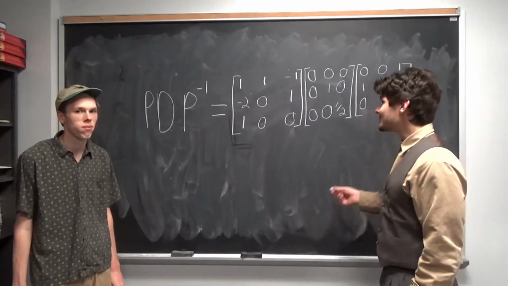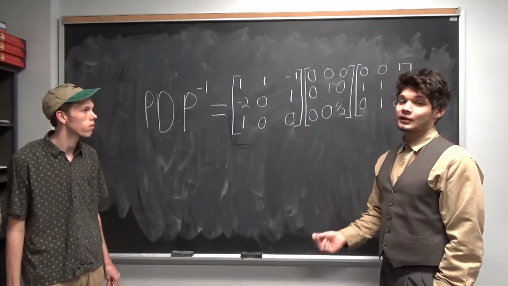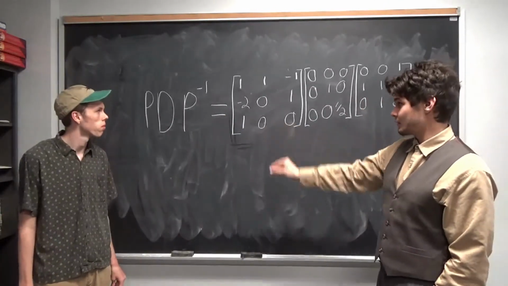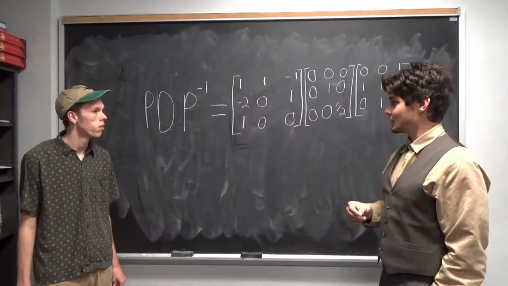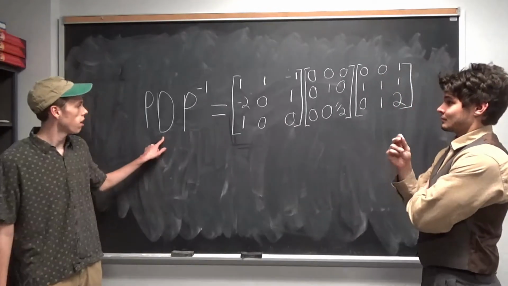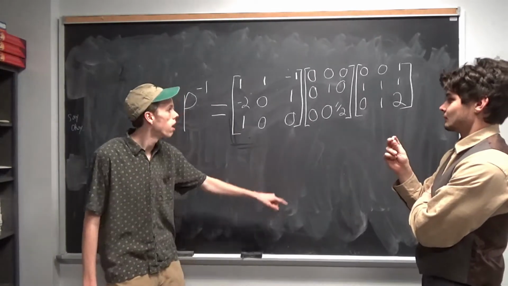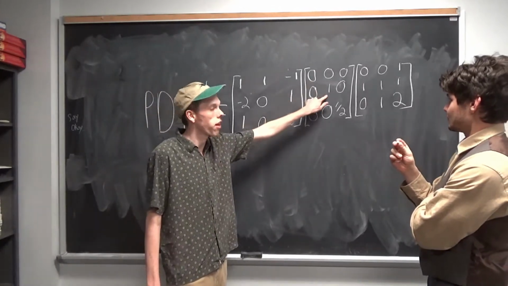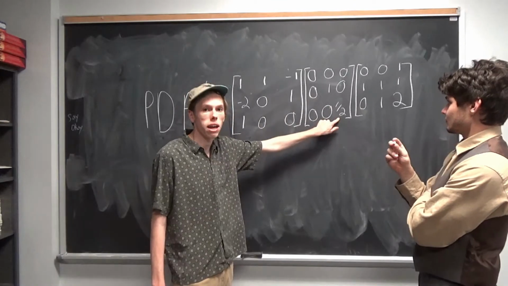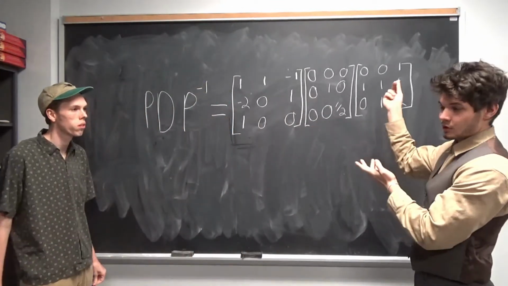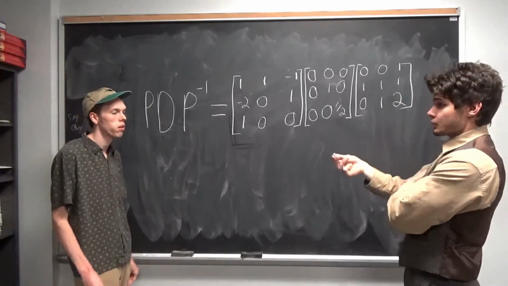Okay. So rather than raise M to the nth power, we're going to diagonalize it and raise this to the nth power. And how do we get this, Jake? P and D, well, P is constructed from the eigenvectors that we found, and D is constructed by the diagonal elements being the eigenvalues that we found. And of course P inverse is just the inverse of P, and if you actually multiply this out, you should get M, right?